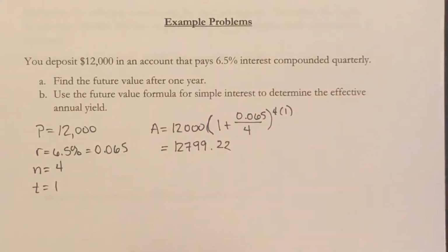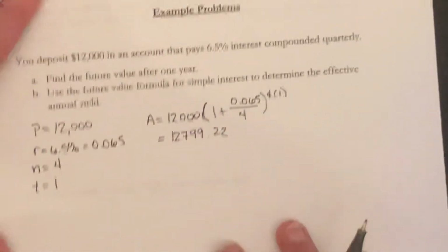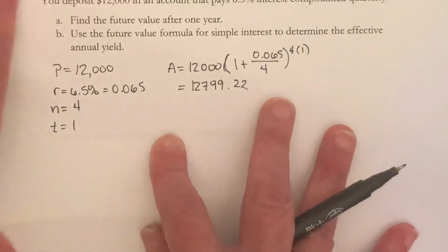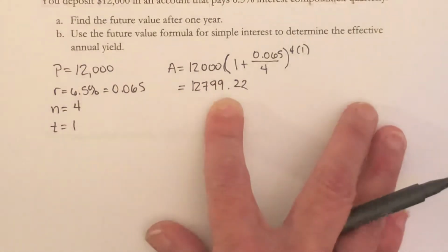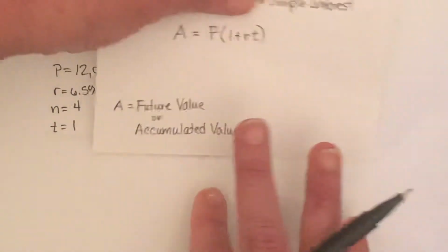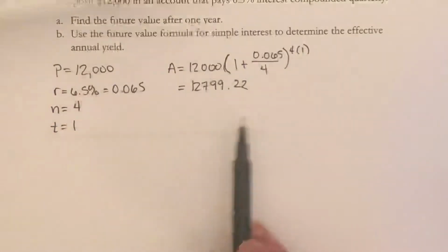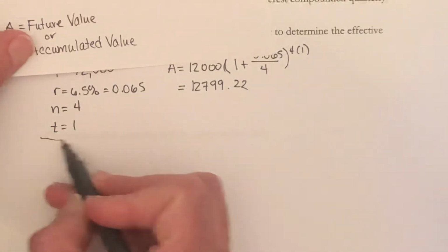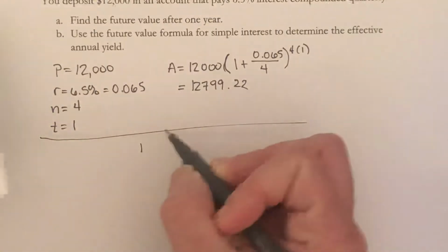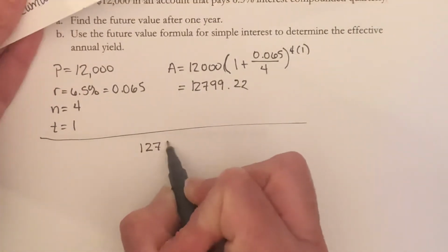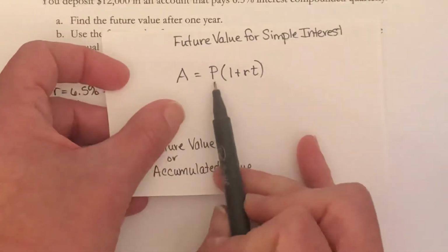What I'm asked to do, I'm not going to use this formula just yet. We'll use it in a second so you can see that it's the same. What we're looking for is the simple interest rate that will give us the same amount of money. So back to the simple interest formula. We want our A value to be this. So I'm going to do $12,799.22 is equal to the principal.